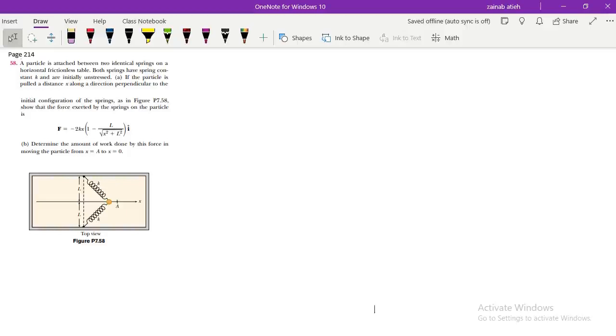If the particle is pulled a distance x along a direction perpendicular to the initial configuration of the springs, as in figure P7.58, show that the force exerted by the springs on the particle is F equals minus 2kx times 1 minus L over radical x squared plus L squared, i. So we have to find the force F exerted by the first spring and the second spring on the particle. F1 is the force exerted by the first spring, and F2 is the force exerted by the second spring, and we have to prove this formula.